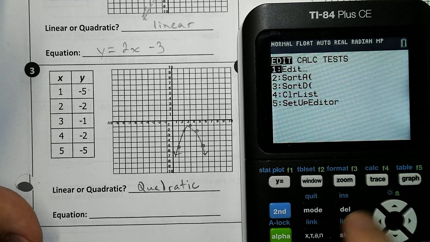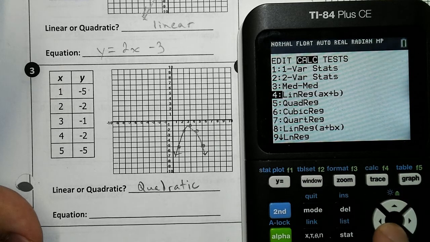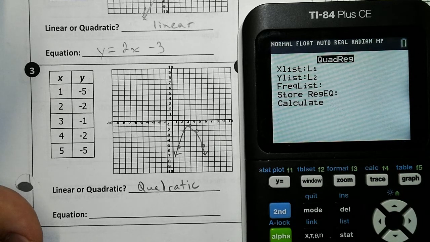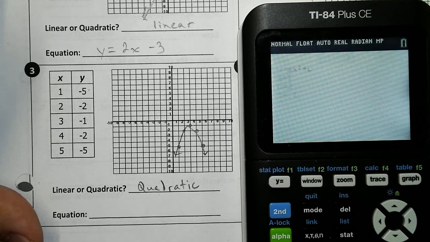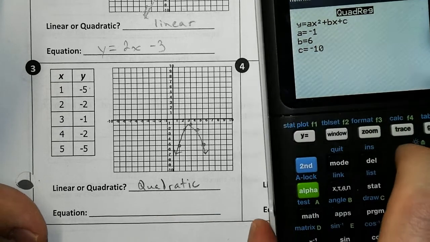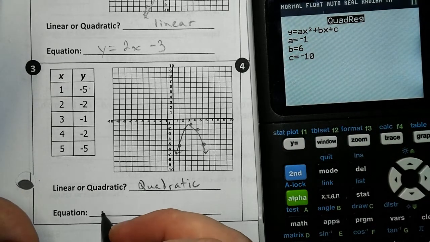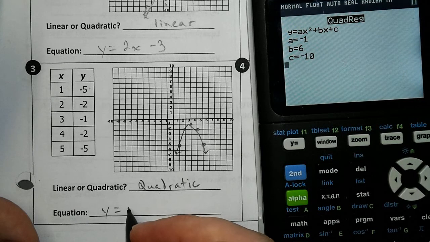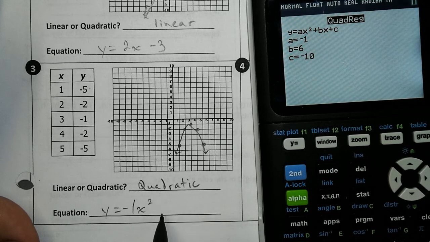Go back to stat, go over to calc, go down to the quadratic regression, number 5, and go down to calculate. We get A is -1, B is 6, C is -10. So our equation is y equals -1x squared plus 6x minus 10.